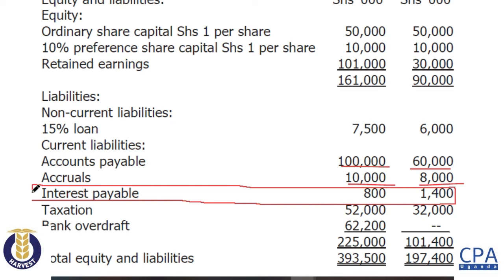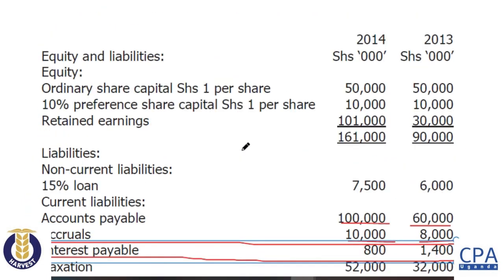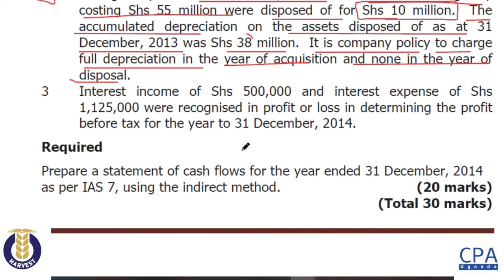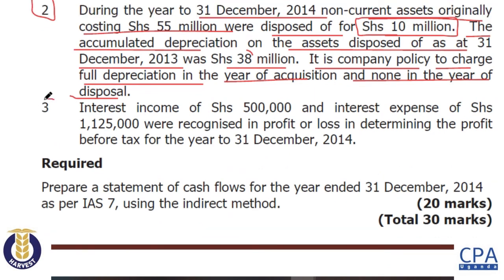So what does this one communicate to me? This one tells me that interest is not maintained on cash basis. So the firm will accrue interest when it falls due. This is a signal that the firm may not have enough cash to clear interest as it falls due. So the figure given to us, the interest expense, I think we saw this in note number 3.